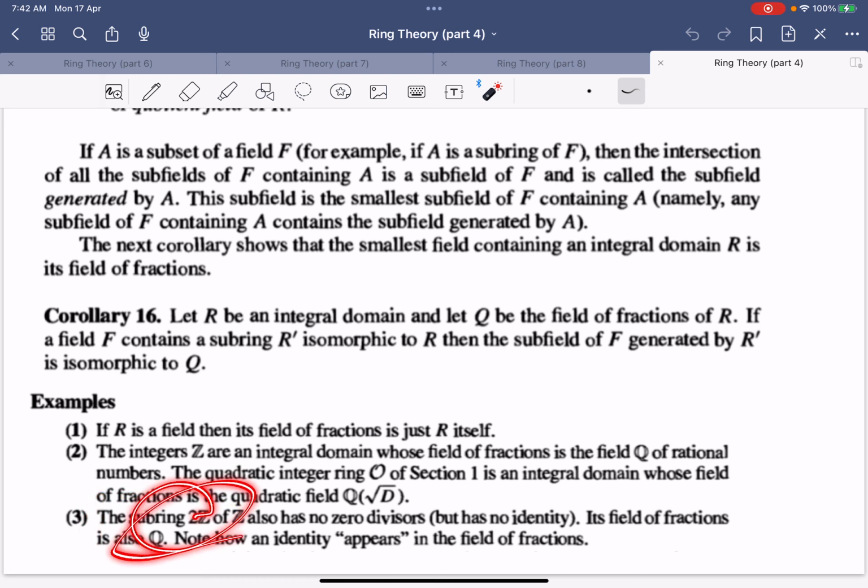If you take a subring, which is just the even integers, it doesn't have any zero divisors, but it also has no identity. Then its field of fractions will also be the rationals, and you can check that. And you can see now how in the rationals the identity appears because it's just 2 divided by 2. But in the earlier subring, there is no identity.